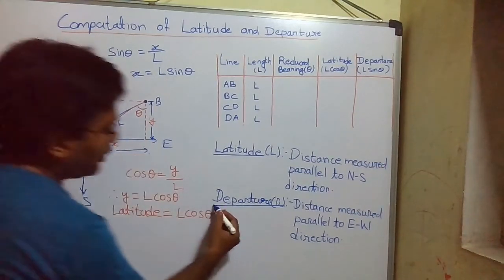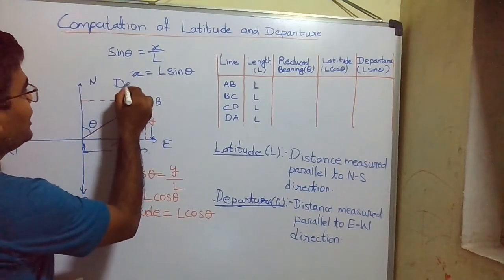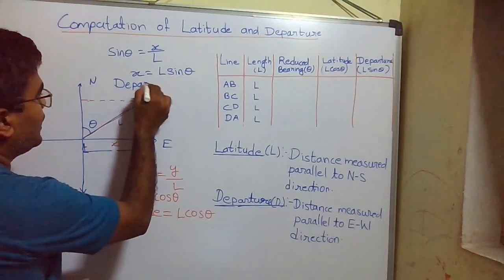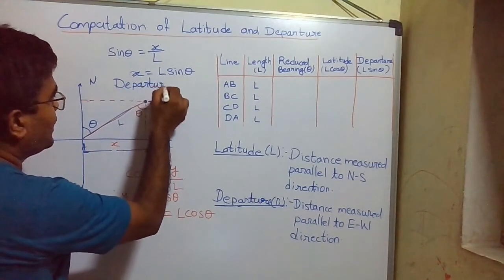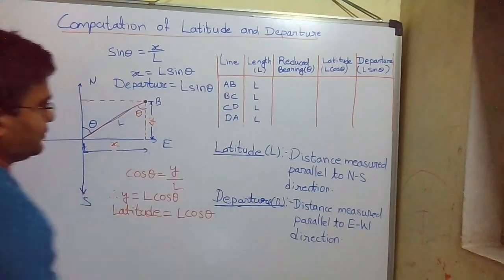So we can call it the departure. So the departure of this line AB is equal to L sin theta.